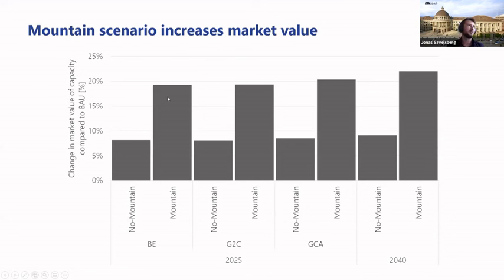So we see increases of about 20% in the mountain scenario, but even in the optimized no mountain scenario of about 8%. And all these results shown here are for the weather year of 2015. But for the different weather year sensitivities, we observe quite similar patterns, and I'm going to leave them out for the sake of conciseness.